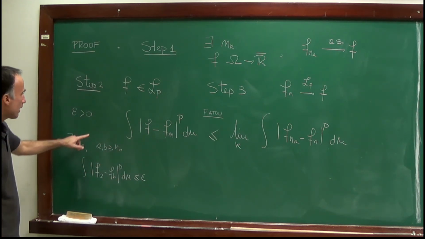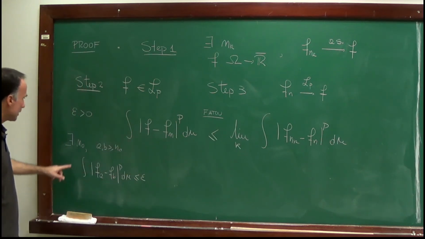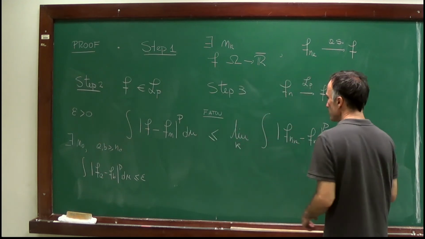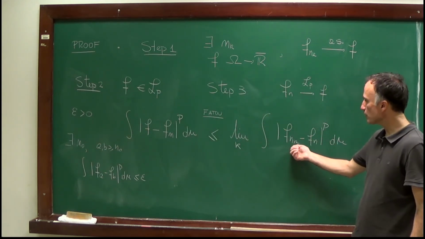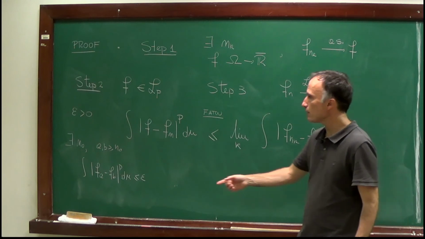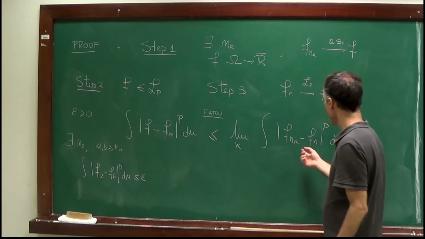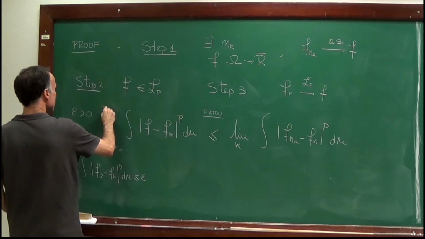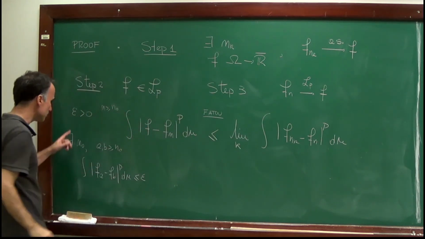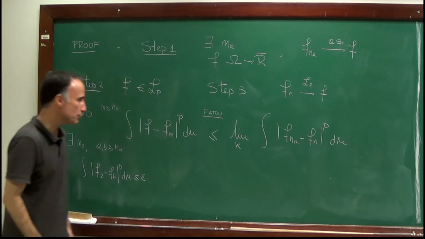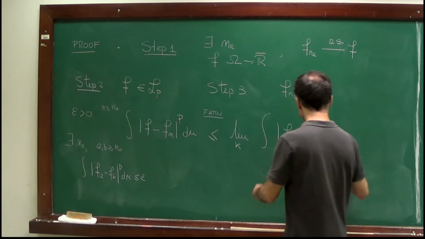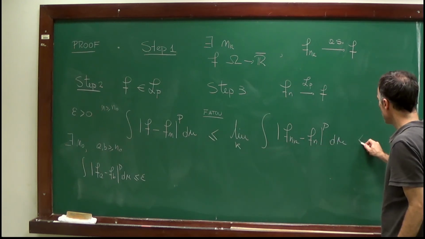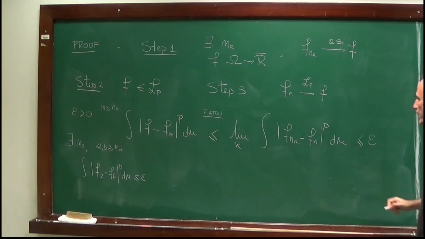So if this n is larger than n0, well, since we are taking the limit in k, for k sufficiently large, nk is larger than n0. And if we assume that n is larger than this n0, which is given by the Cauchy property, this expression here is bounded by epsilon for all k sufficiently large. So the limit is also bounded by epsilon.